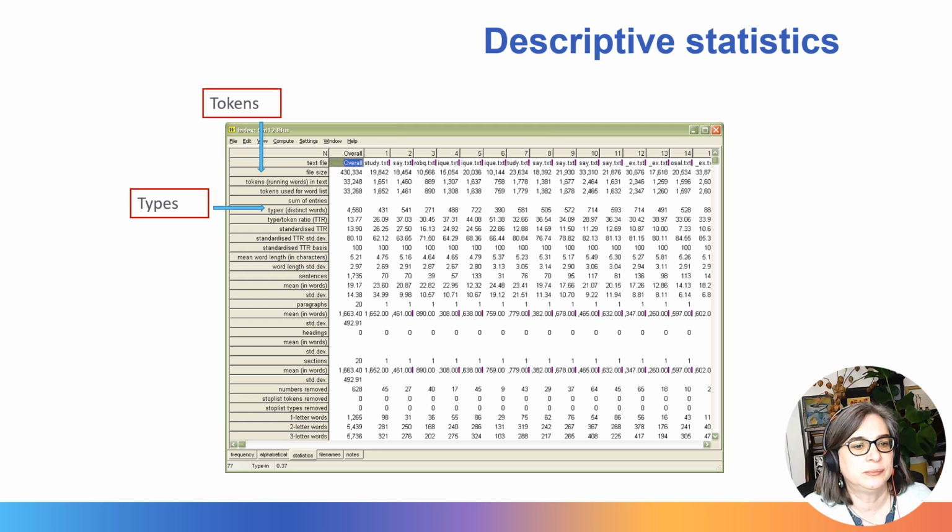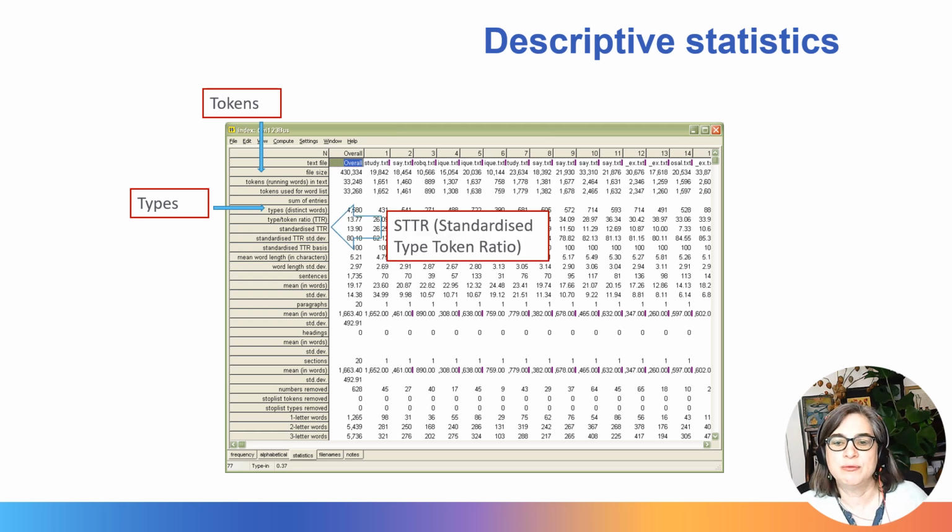The number of types relates to the different varieties of words. So a sentence like "the cat sat on the mat" is 6 tokens, 6 individual words, but just 5 types because the definite article "the" is repeated.